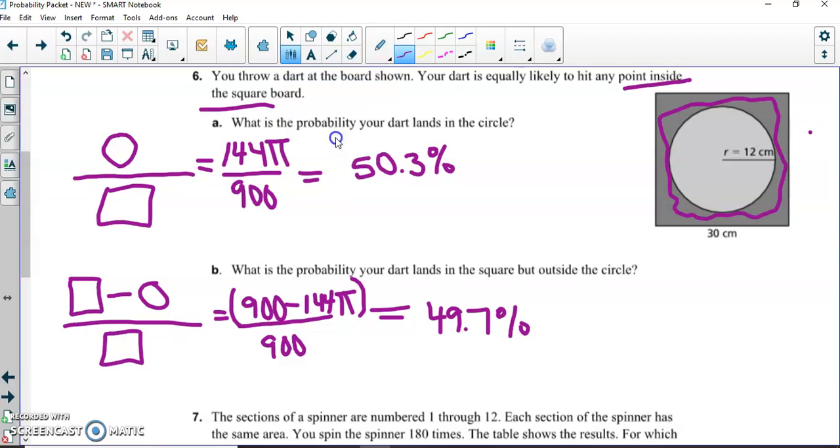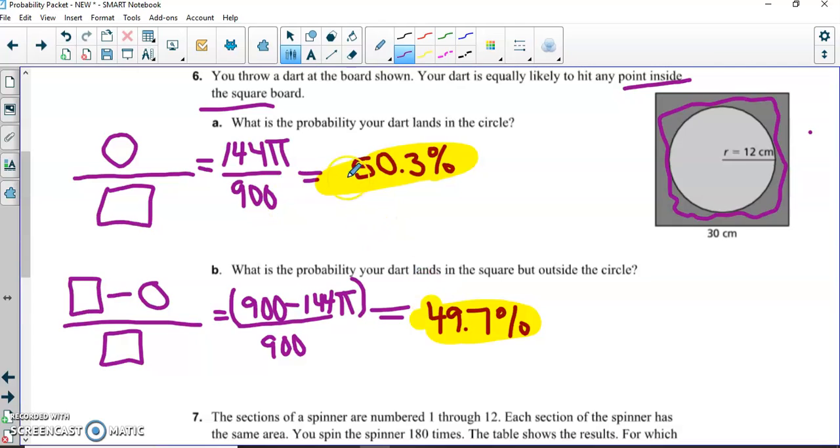Now I want you to look at A and I want you to look at B. I want you to look at these two answers and ask yourself, what's the relationship between the two? They add up to 100, right? So why do they add up to 100? Well, because that's all the possibilities. The circle plus the gray stuff gives you the whole square, and the whole square represents the total possibilities, 100%.